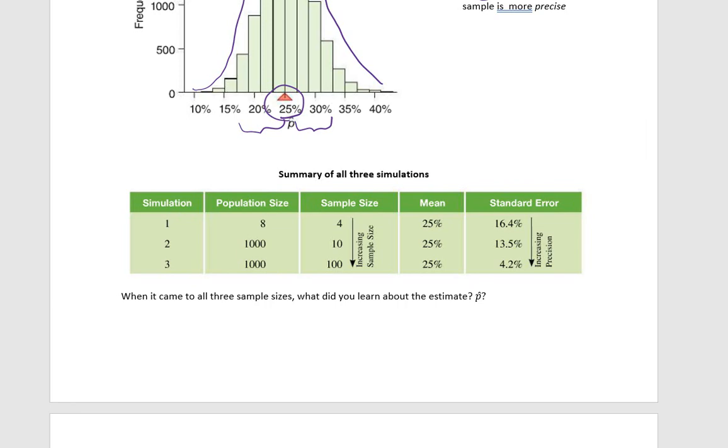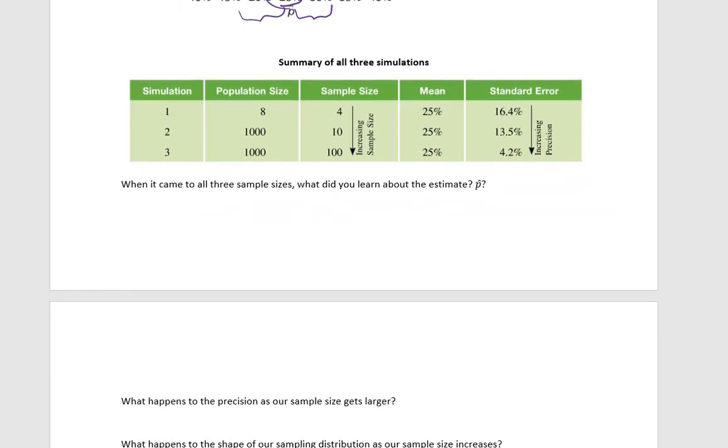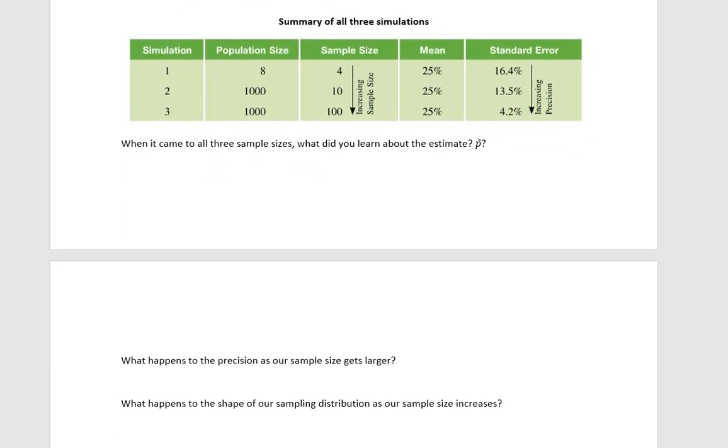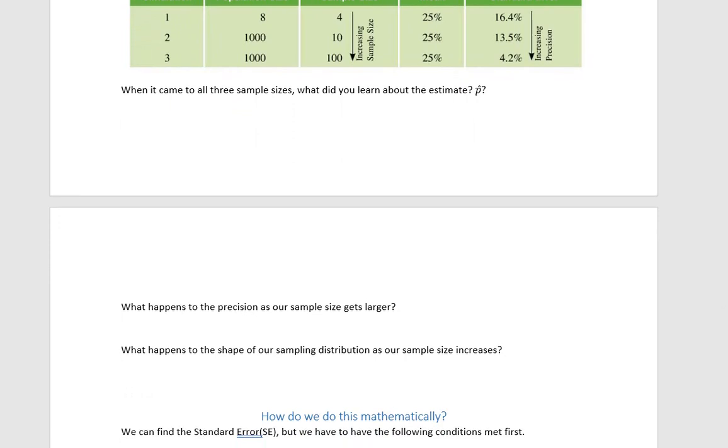So when it came to the 3 sample sizes, what did we learn about the estimate p hat? We learned that p hat does not always equal p, it definitely can, but if it doesn't, most p hats will be close.